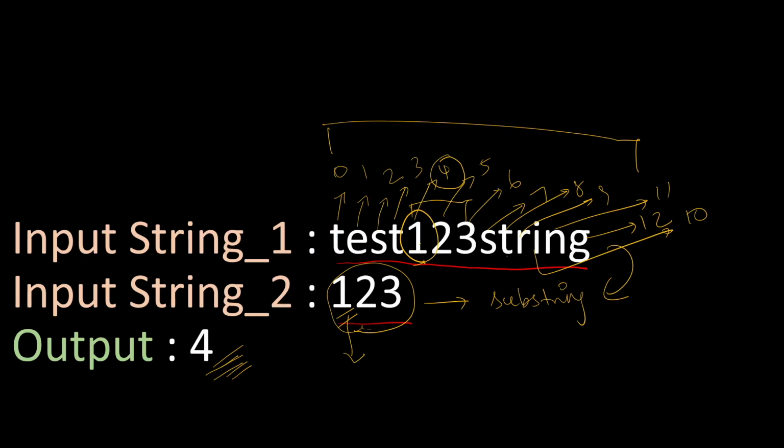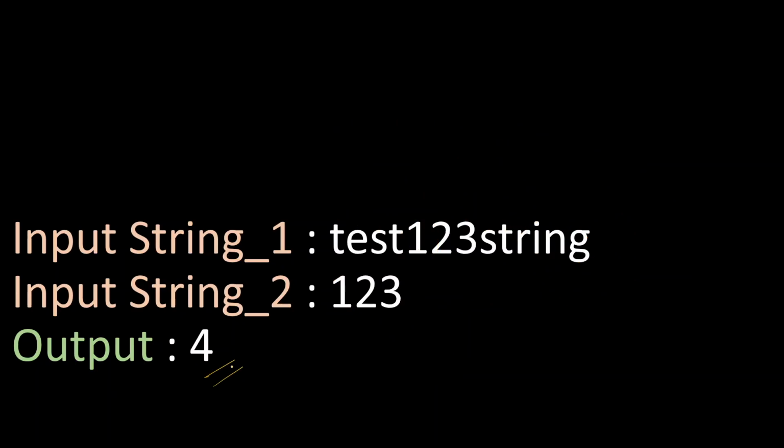Are you able to follow this? String 2 value is 1, 2, 3, numbers or any group of characters. So this 1, 2, 3 is my string 2. The start character of string 2 is 1, and this character is present in string 1 at index 4, the 4th index. So my output value is 4.